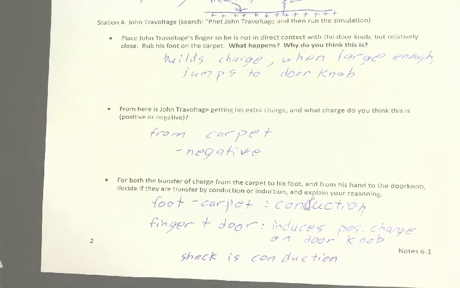When I touch the doorknob, charge is transferring. So that is conduction. Even though it's not contact, it is conduction. And that's why contact is not my favorite word for phrasing it, but that is what the book uses. It's conduction. It allows his charge to transfer over, again, it can be over a distance, but it doesn't have to be. Okay?